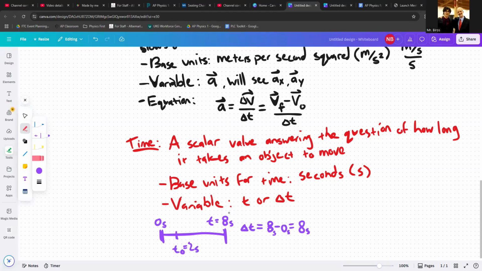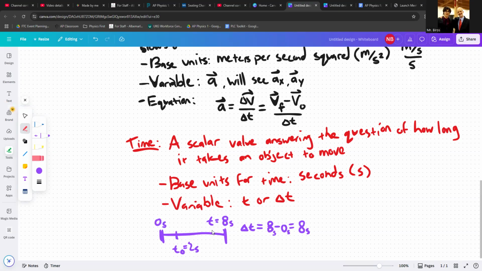So even when we see t, we'd still want to put in the duration of time that we're referring to, not just a single specific point in time. But because we start at 0 a lot of the time, it doesn't matter either way, because 0 to 8 is a change of 8 seconds, and the instantaneous split second in time is also 8 seconds.